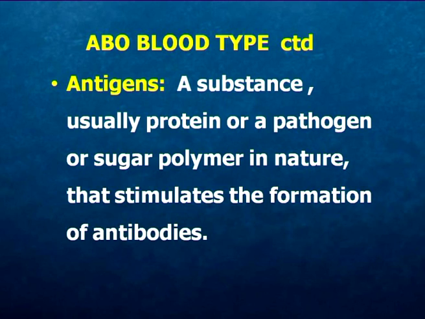Now, what is an antigen? Antigen is a substance, usually a protein in nature, that stimulates the formation of antibodies. Here the blood group antigens are not simple proteins. In a way, they are sugar polymers.